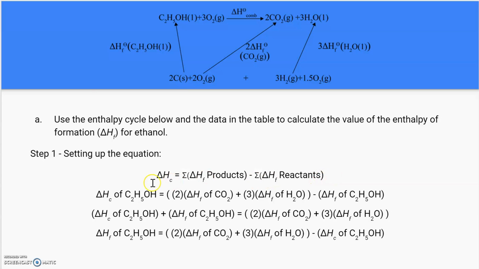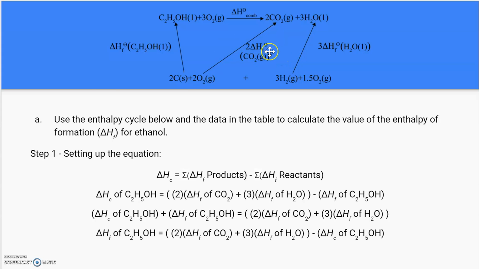Now, if we take this general law and adapt it to the enthalpy cycle we're given, we're able to tell that the enthalpies of formation of the products are 2, right?